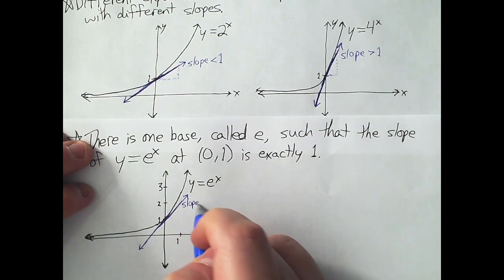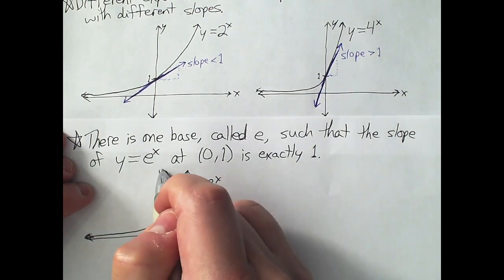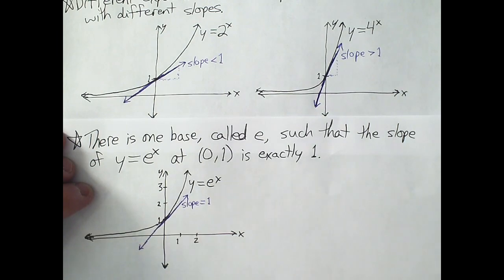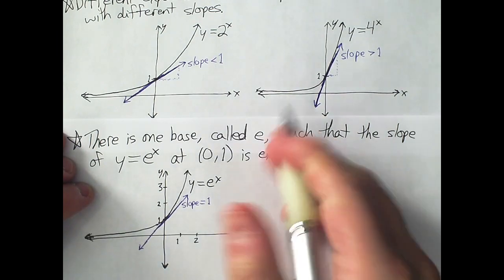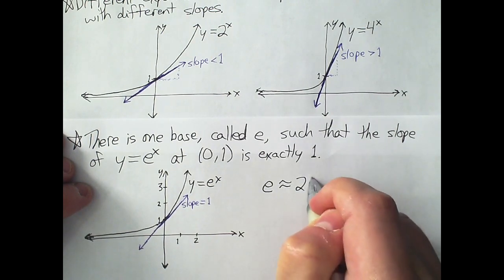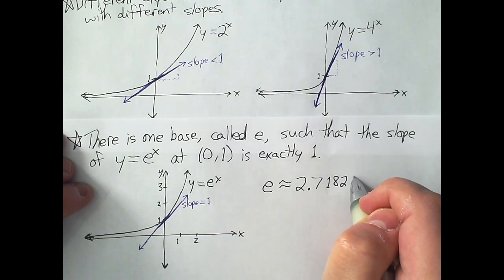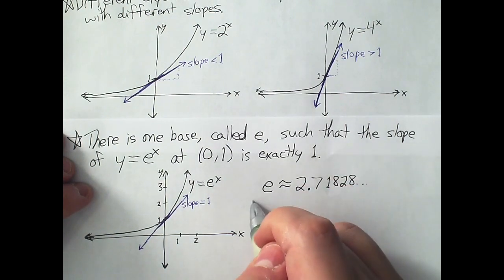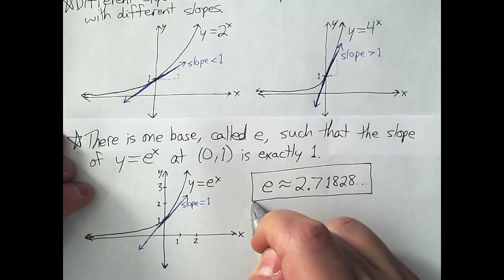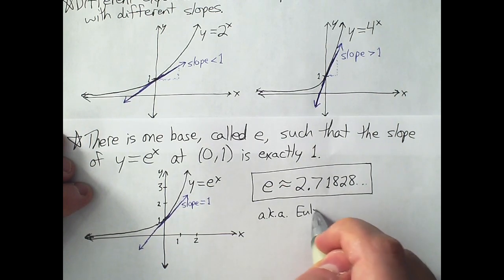Slope equals 1. You see that it's making a 45-degree angle with the x-axis? If you take the tangent line and the x-axis, you get a 45-degree angle. So for every 1 unit I go over, I go 1 unit up. And e, the number e, is a constant that's approximately 2.7 and some other digits. You've seen this before, but we're just reviewing it. This is also known as Euler's number.